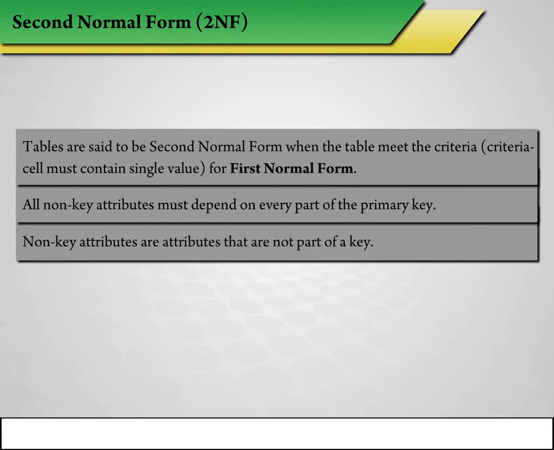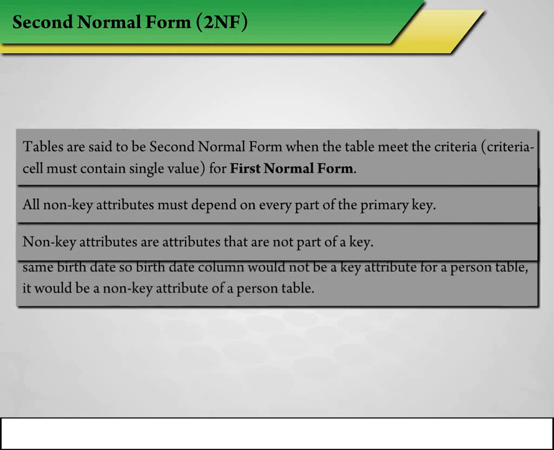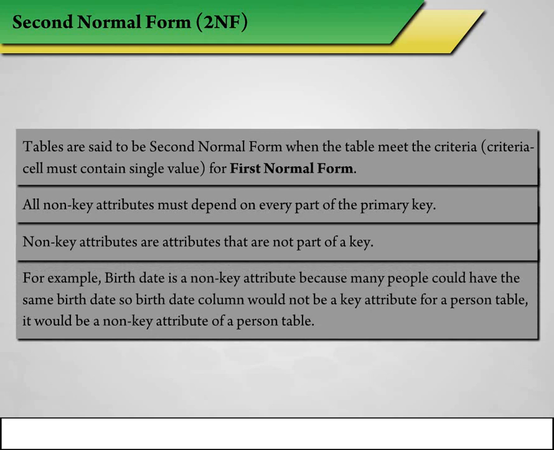Non-key attributes are the attributes that are not a part of the key. For example, birth date is a non-key attribute because many people could have the same birth date, so the birth date column would not be a key attribute for a person table. It would be a non-key attribute of a person table.